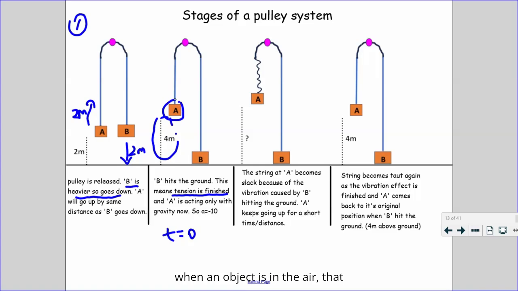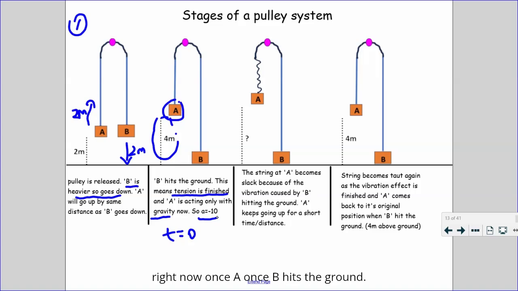When an object is in the air, that means the acceleration is only gravity. So your acceleration will be 10 or negative 10, depending on which direction you choose as positive. So if you take upwards as the positive direction, A will be negative 10.